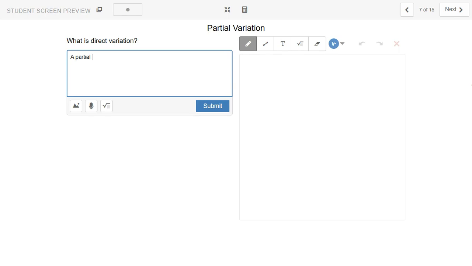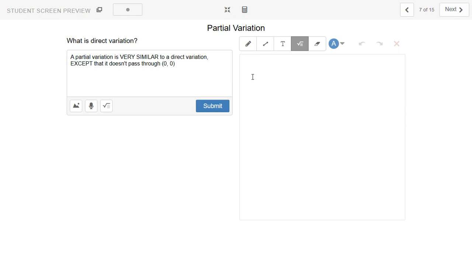So a partial variation is very similar to a direct variation, except that it doesn't pass through 0, 0. So when I have a partial variation, my equation, instead of just kx, I'm going to add some sort of base or an original value.